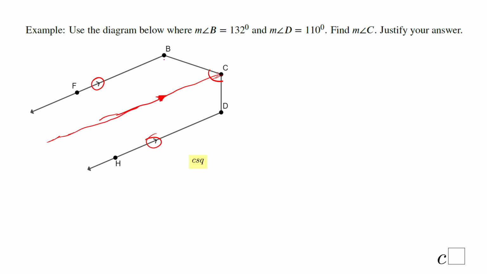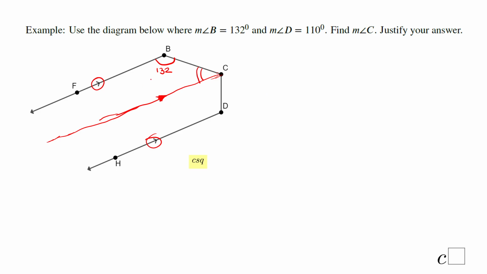So what do we know about this angle B and this angle here, which are marked with two arcs? Those two angles are supplementary, because these two angles are what we call consecutive interior angles.